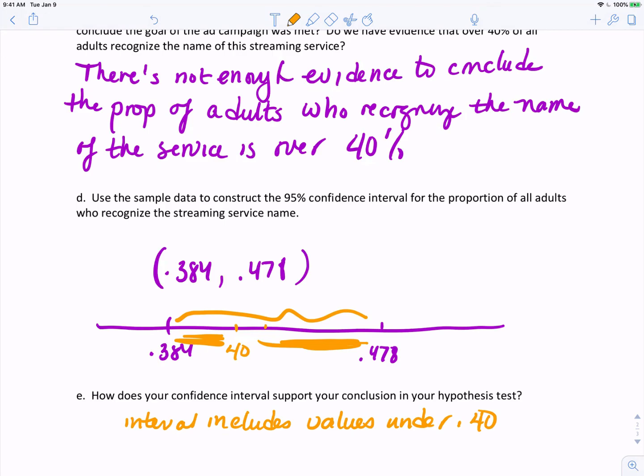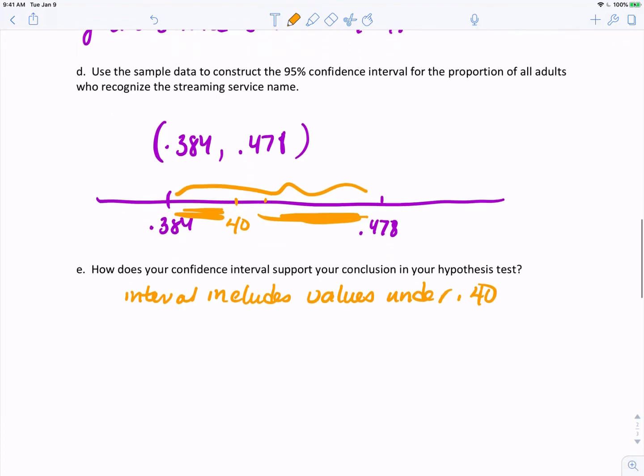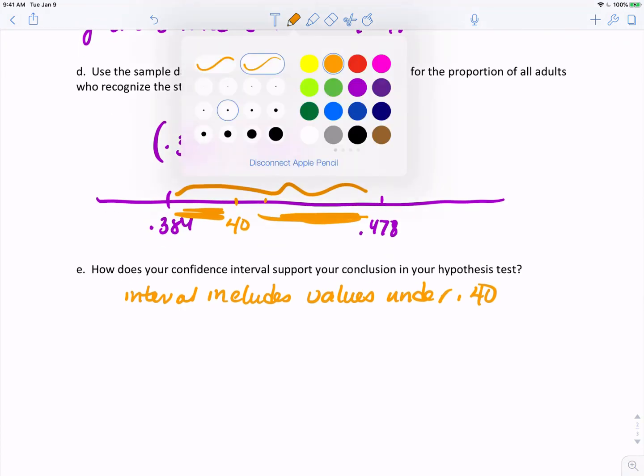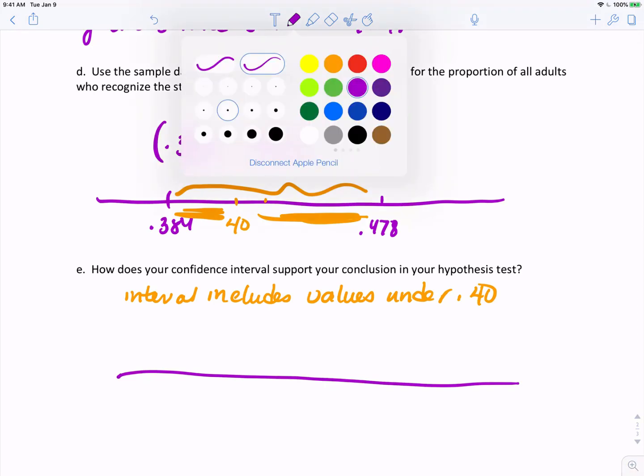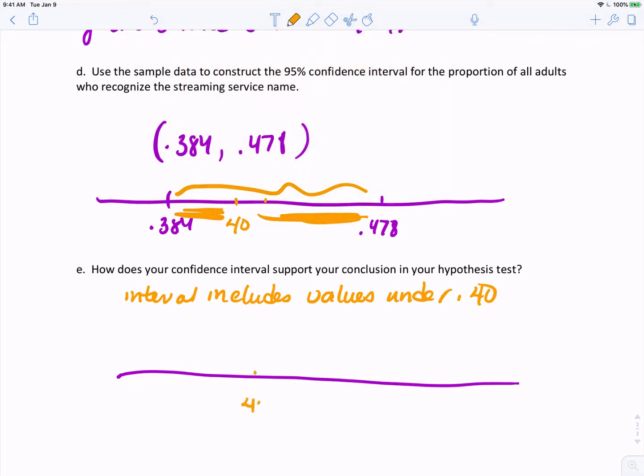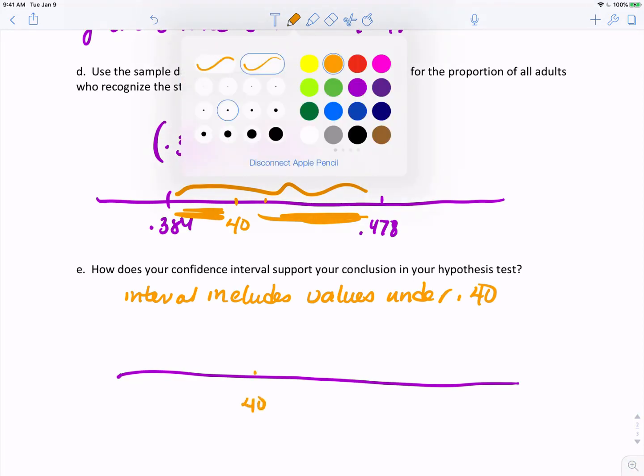If you're wondering, what would an interval have looked like if it had supported a conclusion that more than 40% had recognized the streaming service? Well, an interval like that would be something like this.